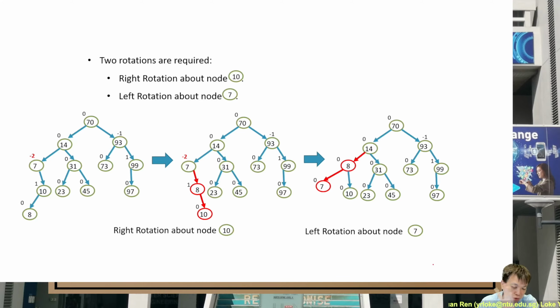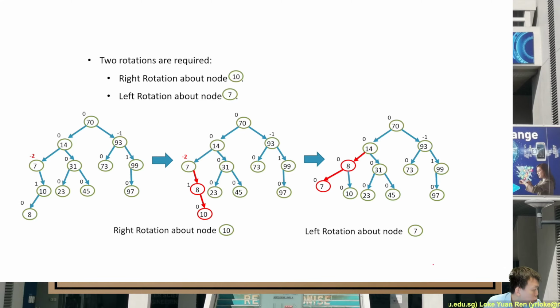After you rotate about that particular node, 1 time or 2 times, the tree will be balanced. So this process is constant time, up to 2 rotations. So overall, node insertion with tree balancing has time complexity big theta log n.